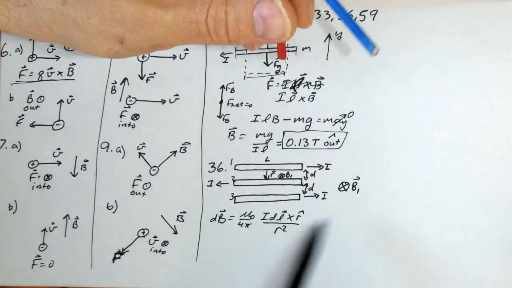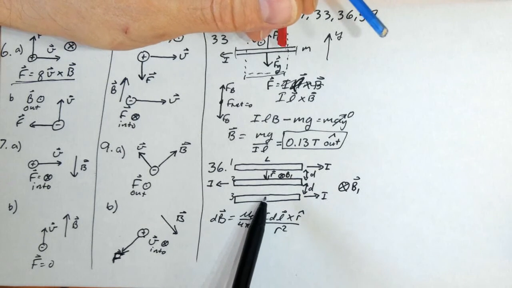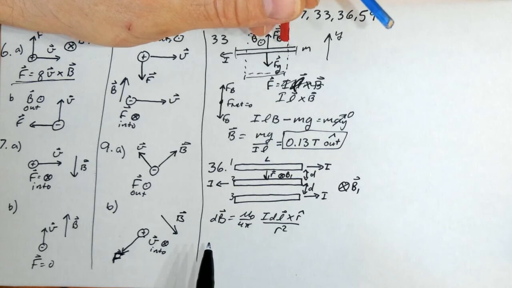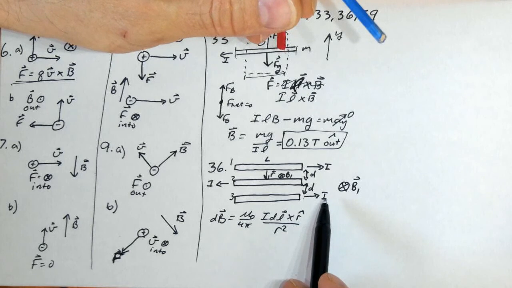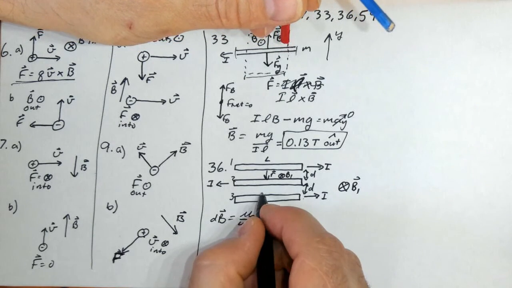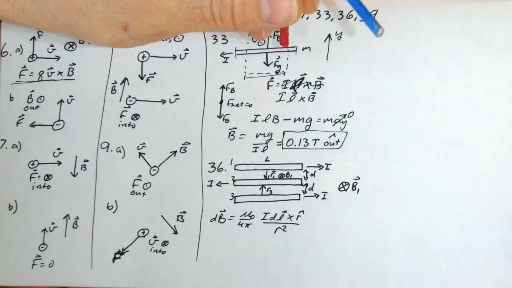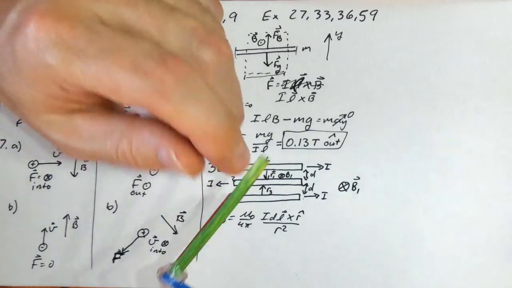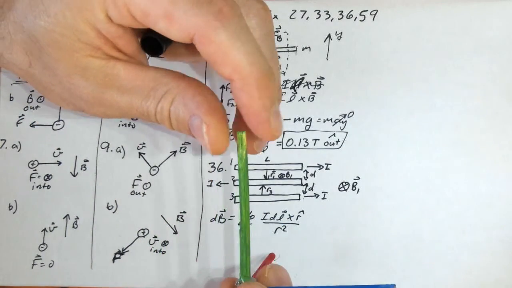Okay, do the same reasoning to find the direction of the magnetic field from 3 at the location of this wire. First of all, our current's flowing to the right, just like this one was, but our R vector is now upwards. And so the magnetic field, you can guess, by reversal of one net value, is going to be now out of the page. So let's just try that.